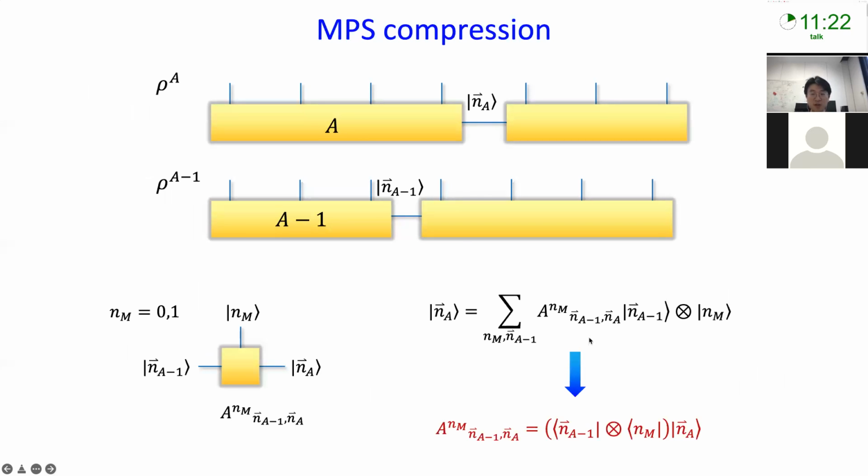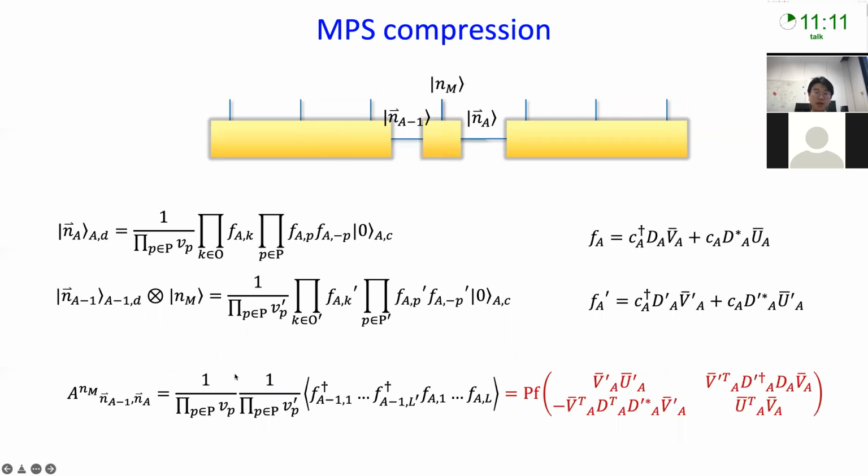So by definition, this is the MPS representation, and the MPS tensor is just the overlap between those two states. And actually, in our formalism, we can rewrite the overlap of those two states in a very simple form, and the states share the same vacuum, the original vacuum.